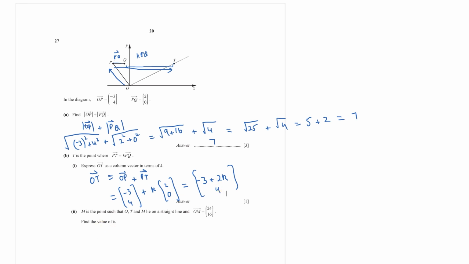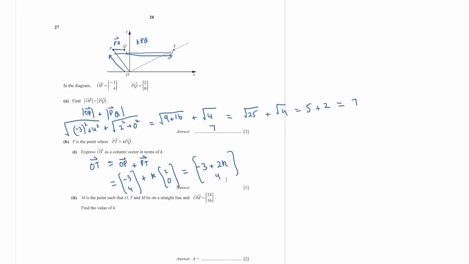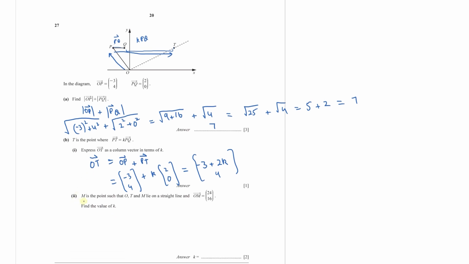If you move on to the next part: M is the point such that O, T and M lie on a straight line, and OM is (24, 16). Find the value of K. So O, T and M lie on the same line.